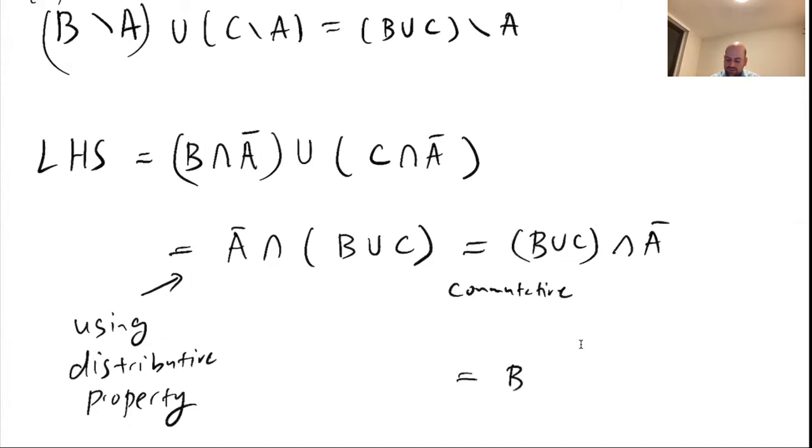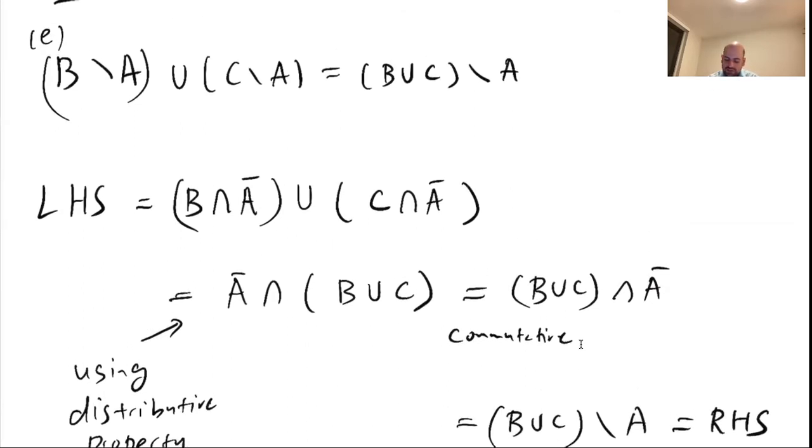And then this is the same as B union C minus A. Again, because the property that we saw before was saying that D intersection A bar is the same as D minus A for any set D. Now my D here is B union C, and this is the same as the right-hand side. So this is basically solution one, let me say.